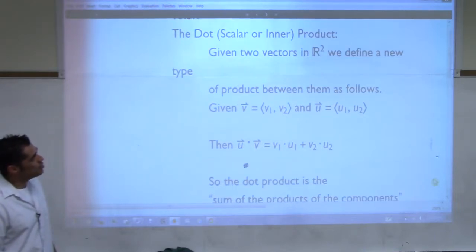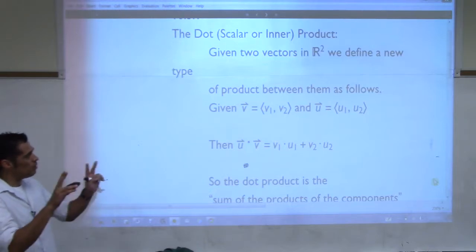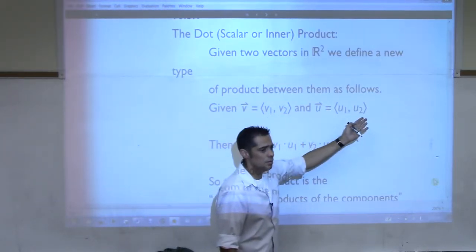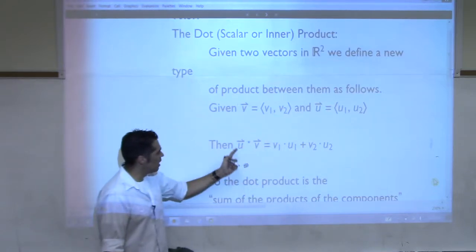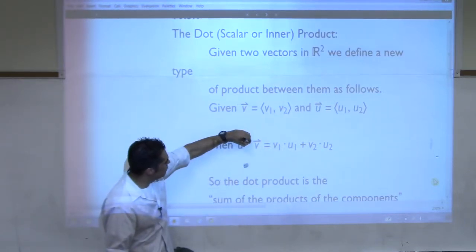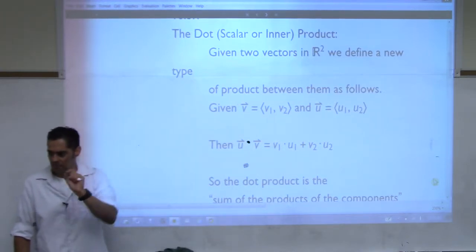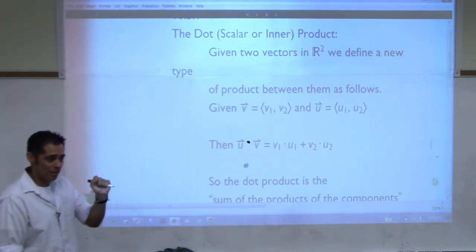So the dot product is given two vectors in R2. We'll start with two-dimensional space. Somebody hands you two vectors, v1, v2 and u1, u2. And you want to do the dot product, you will write u dot v, and this dot is a kind of bolded dot. In the book, you'll be able to tell the dot is bolded. That lets you know it's a dot product.